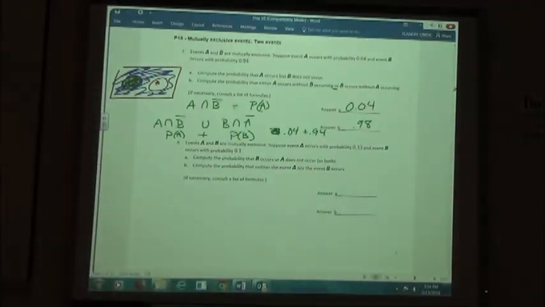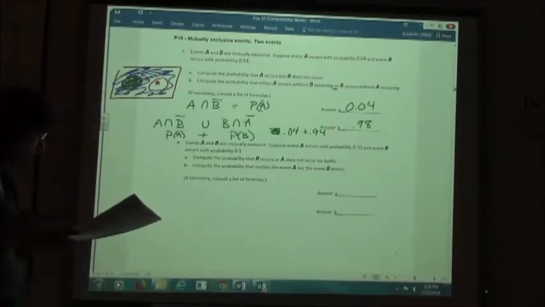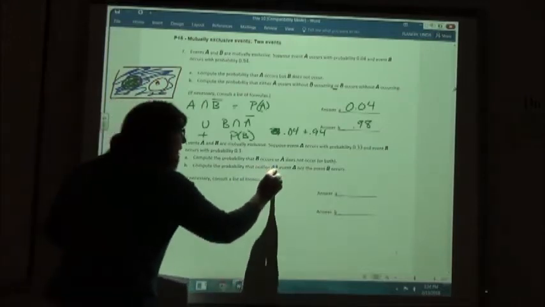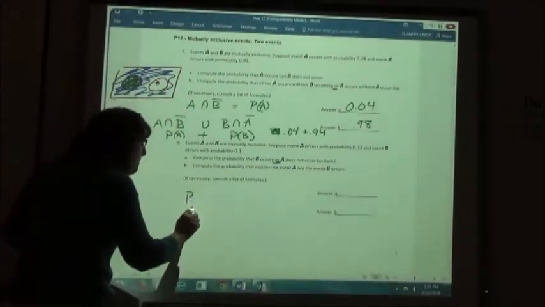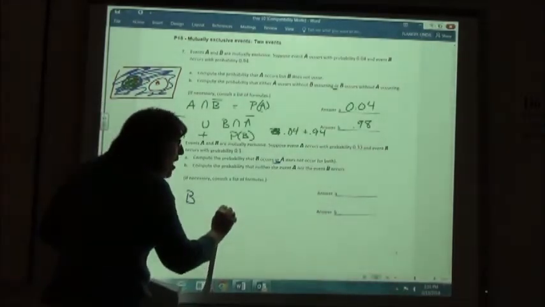Number 8, events A and B are mutually exclusive again. Suppose that A occurs with a probability of 33%, B has a probability of 10%. Compute the probability that B occurs or A does not occur or both. So, when it has or, you're doing them separately. So we're finding the probability that B occurs and then the probability of A not occurring.